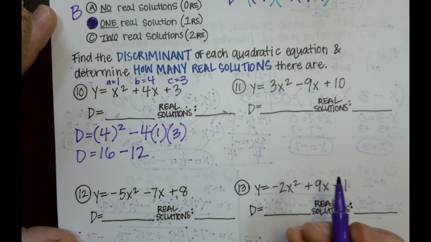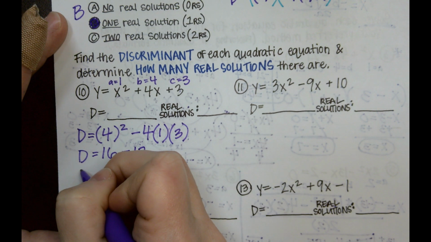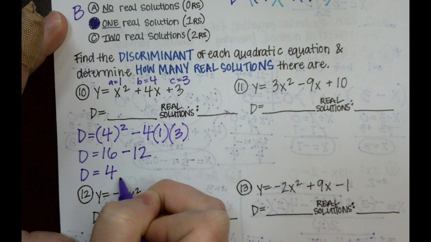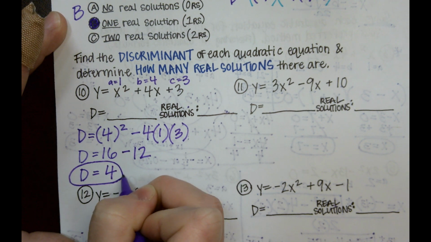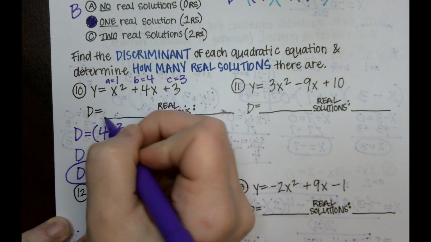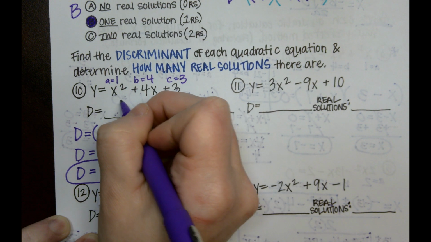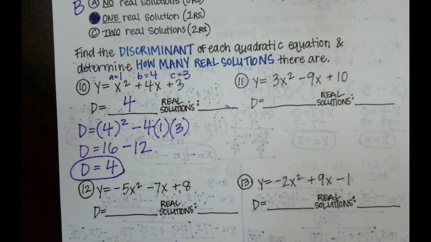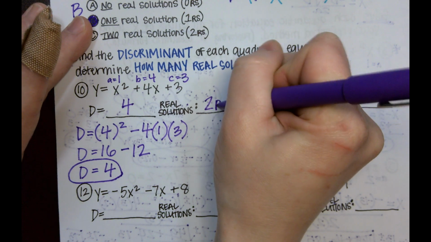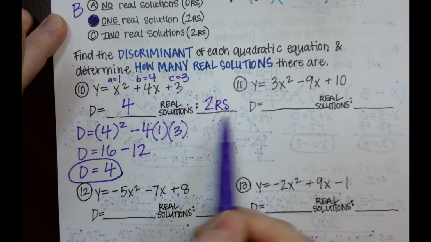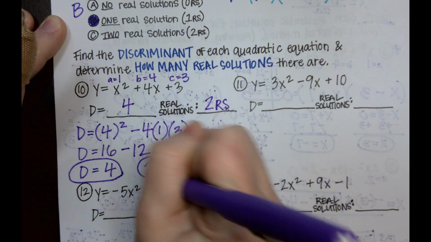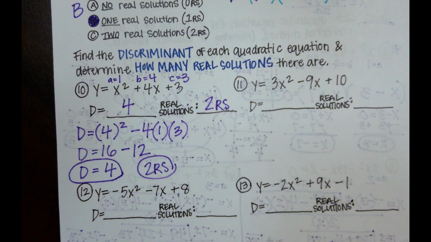Now what do I do? 16 minus 12 is 4. So our discriminant is 4. We're done with the first part. I did give you spaces to write that in. I didn't even realize. D is 4. How many real solutions? 2 real solutions. So you could put it in the blanks if you want. You could also just do it down here. I'm fine with either.